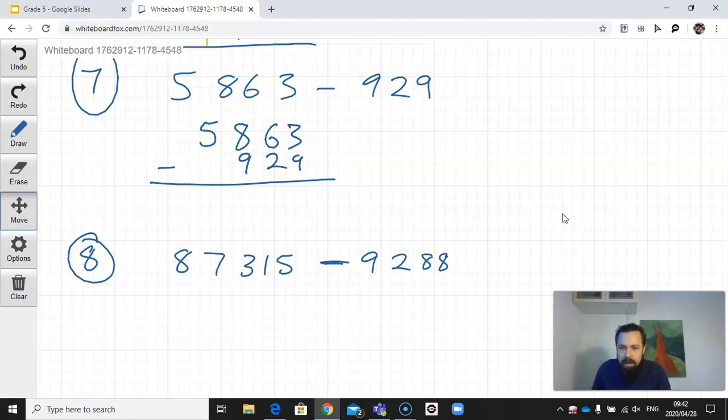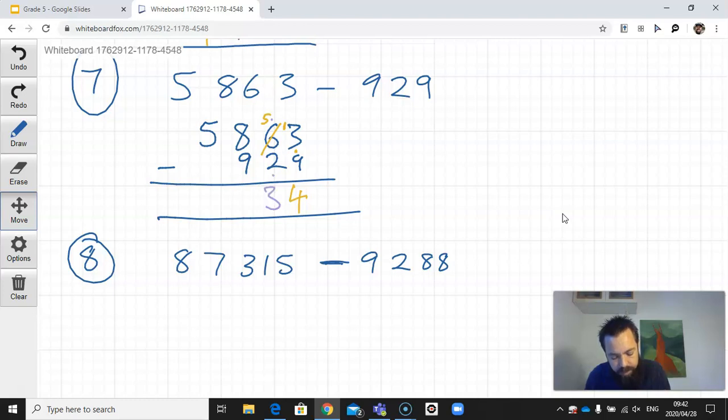Three minus 9 over here I can't do, so I'm going to borrow. 13 minus 9 I can do. 13 minus 9 is 4. 5 minus 2 I can do.